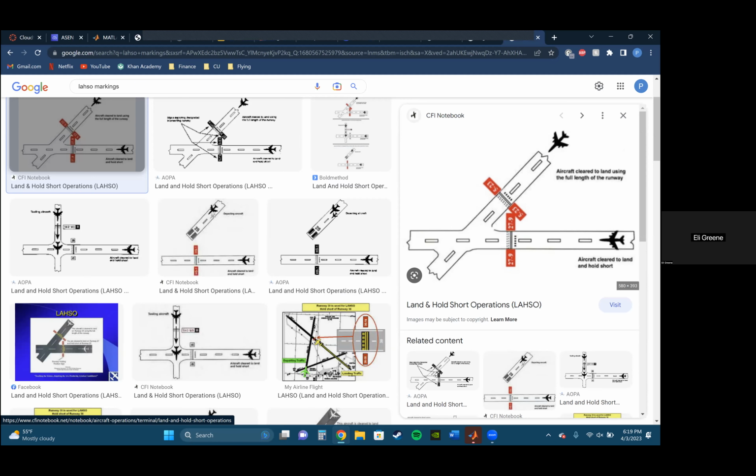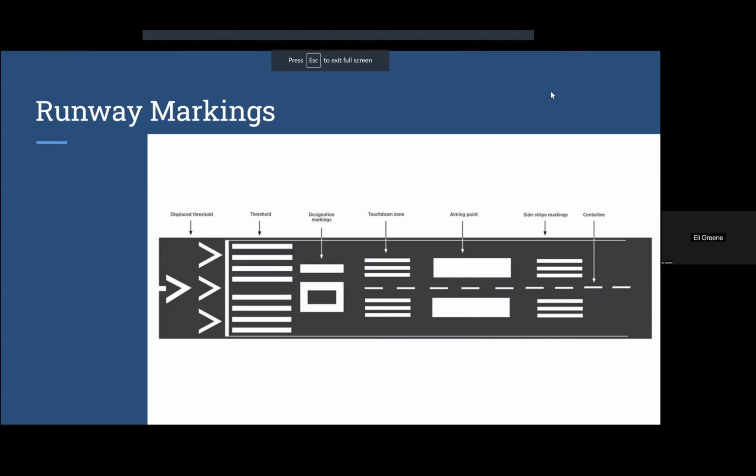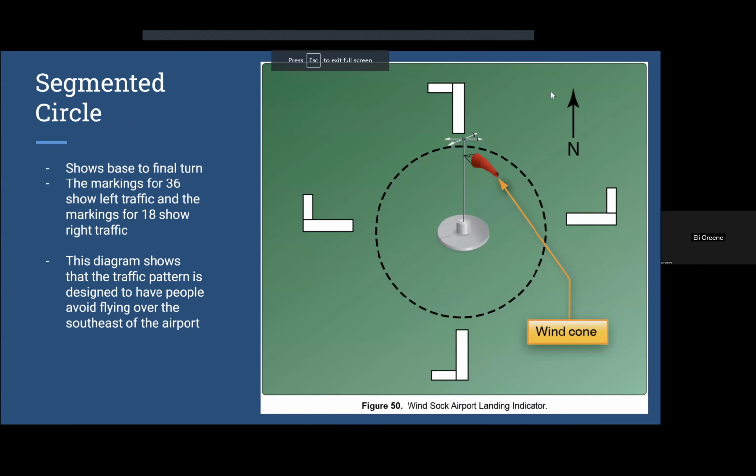So they would say you're cleared to land on 27, and then you have to hold short of this point. So yeah, just don't accept a LASSO clearance in general. Most airports don't even do LASSO, but yeah.